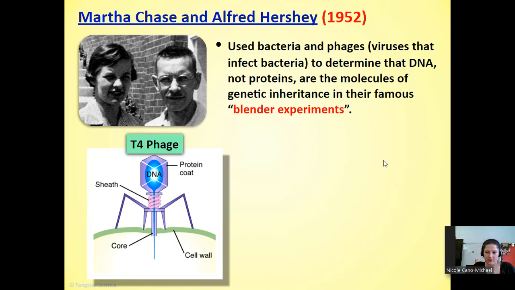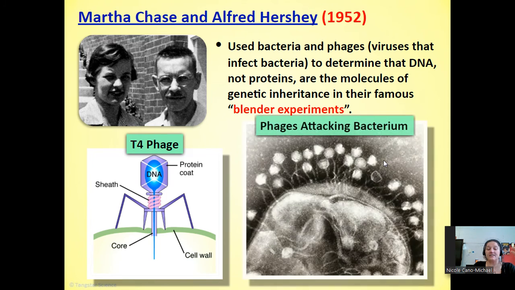What we know about bacteriophages is that they're very, very simple. They are basically made up of an outer coat of protein, and inside of them they have DNA. What we do know happens when a bacteriophage attacks a bacteria is that they will insert their genetic information. So that meant that either this bacteriophage was going to be inserting the protein code into the bacteria, or it was going to be inserting the DNA into the bacteria.